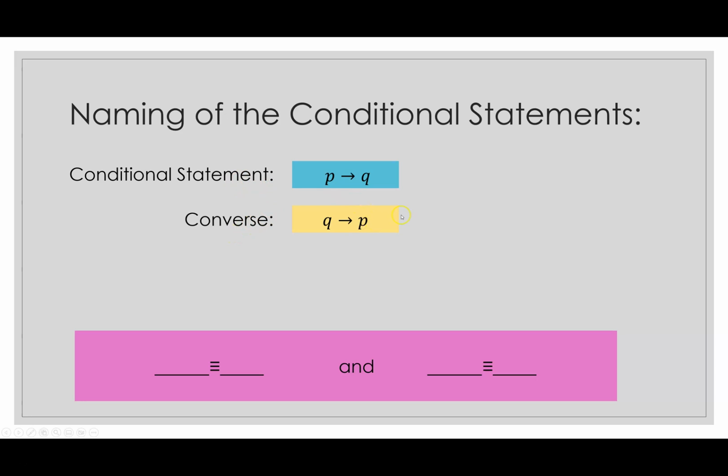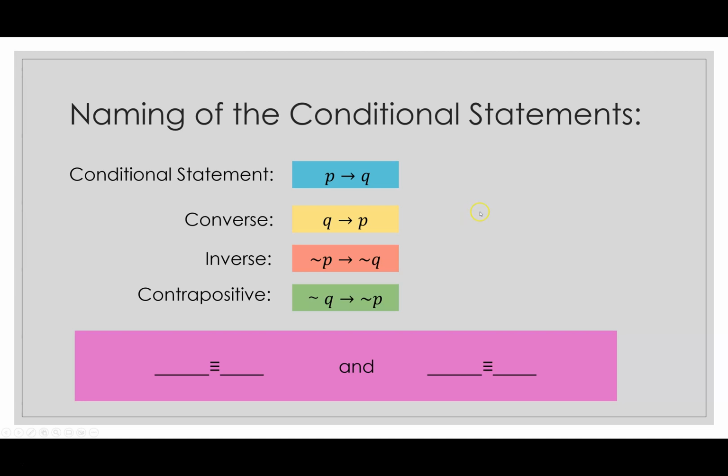When you negate P and negate Q, if not P, then not Q, we call that the inverse. And lastly, the contrapositive is when you switch the order and negate both simple statements. So if not Q, then not P.